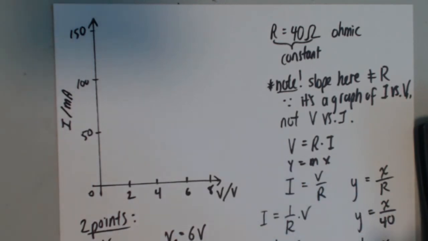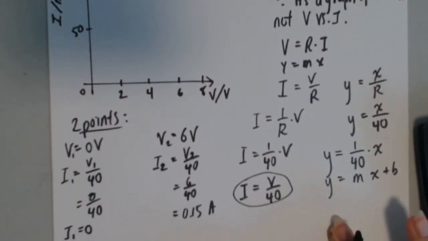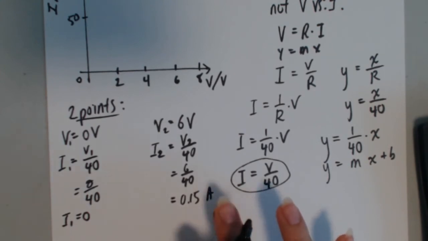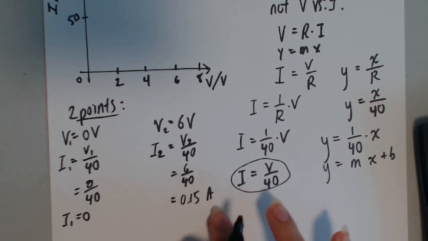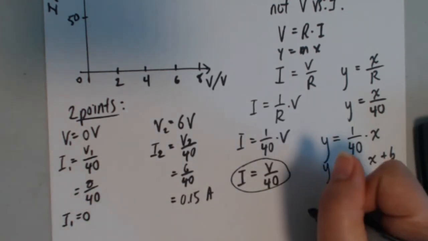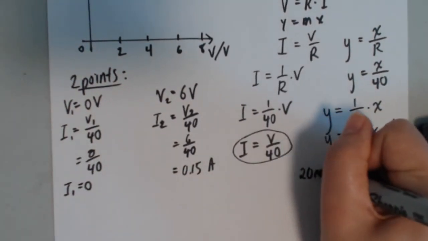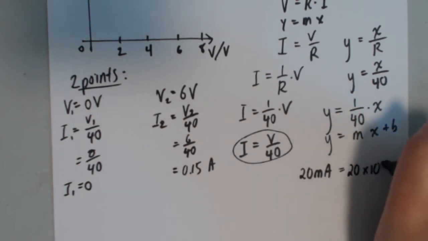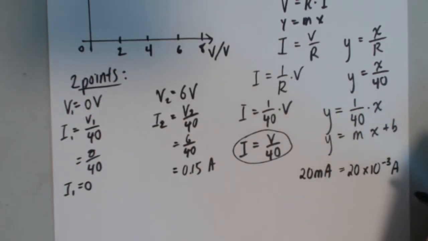The conversion between the regular unit of any unit, whether it's amps or grams, and the milli version of it: to go from the regular unit to the milli version, you have to increase the value by 1,000 times. For instance, if I had 20 milliamps, I know that's 20 times 10 to the minus 3 amps.